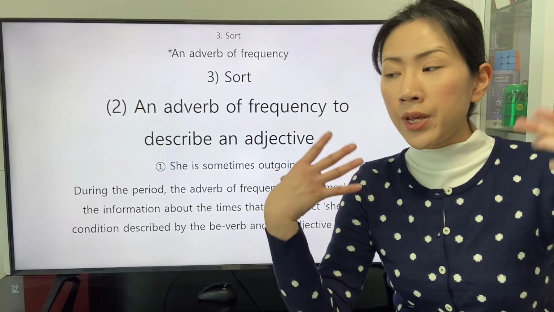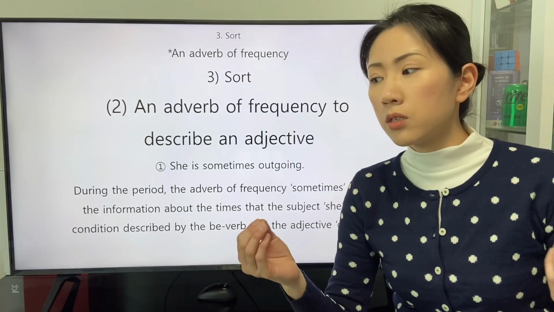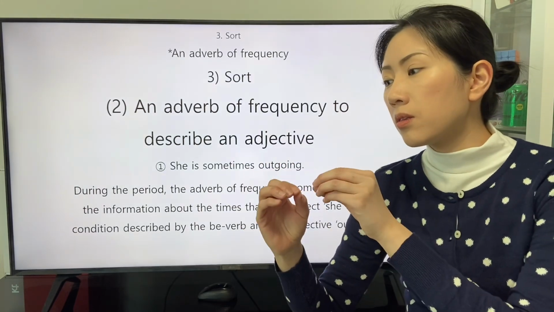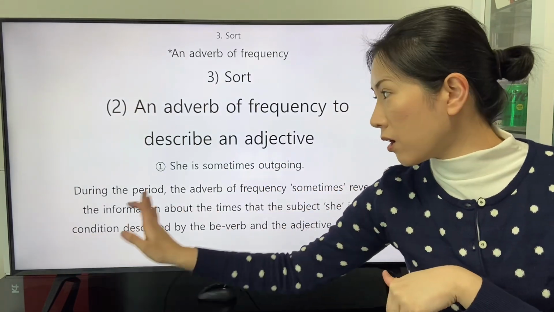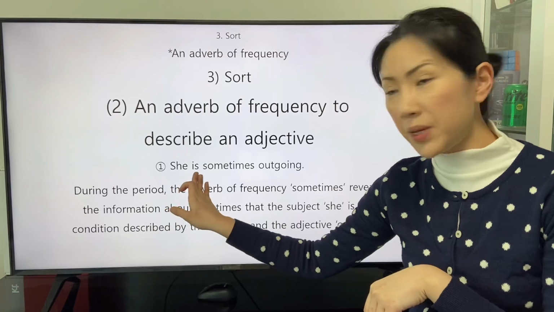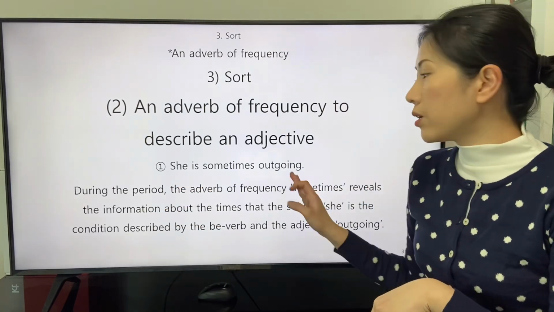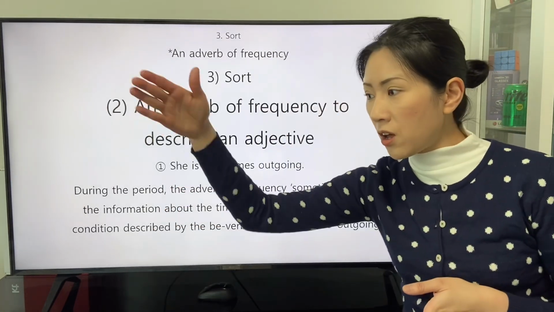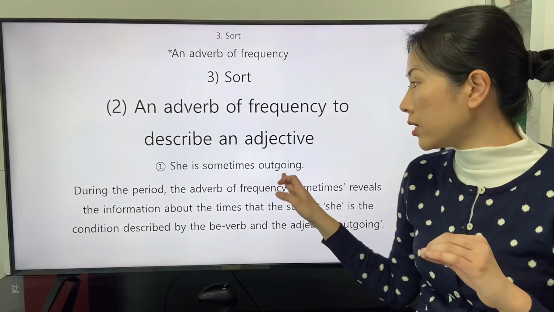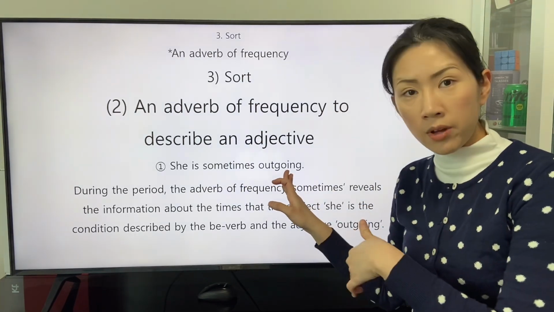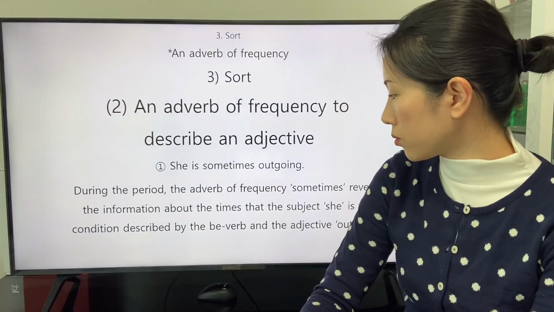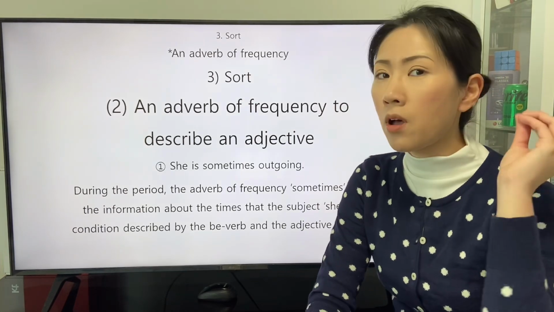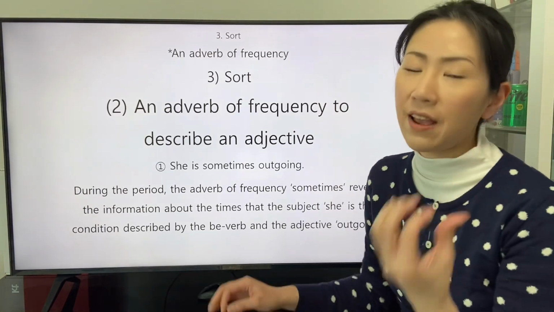So it is very natural that the existence of the subject described by the be-verb and the condition of the subject indicated by the adjective outgoing do not form a consecutive unit of definitions.